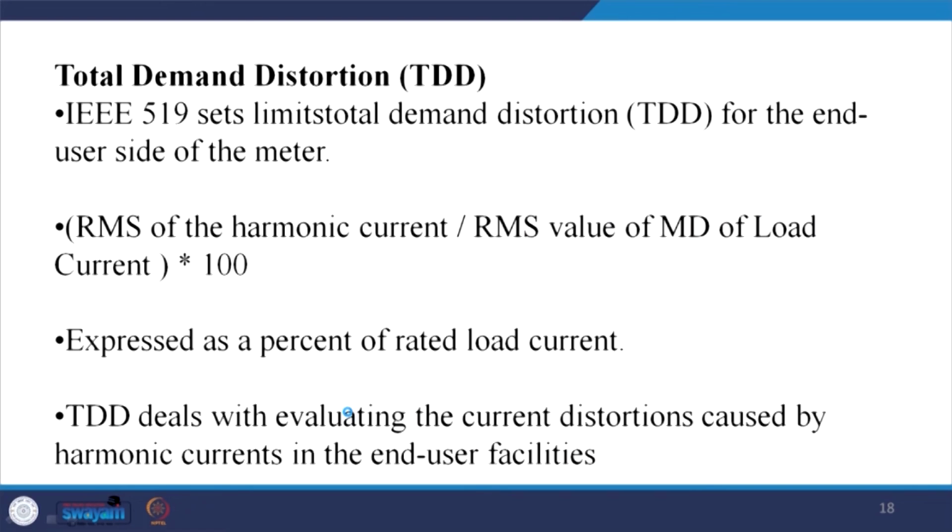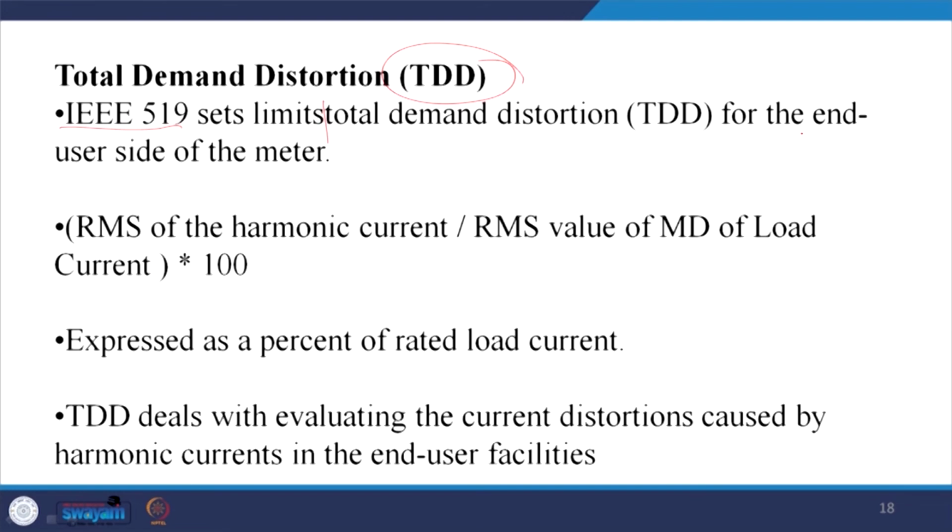Now, total demand distortion, this is something you may not come across very easily, this is a commercial term we use sometimes in utility. IEEE 519 also sets the limits of total demand distortion for the end user meter.